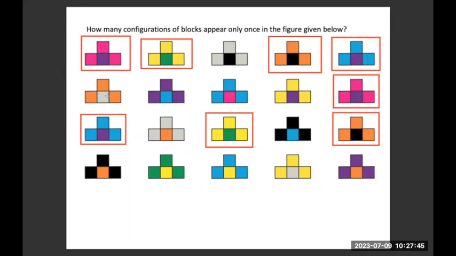This part is unique. This purple, blue, purple, blue, purple, blue, I don't find anywhere. Pink and blue, no. Yellow and purple, definitely no. This is unique. They both are opposite, so they are unique. Black and blue, unique.